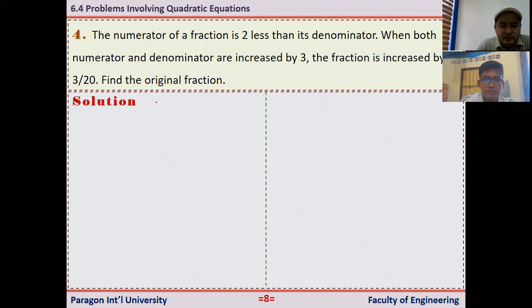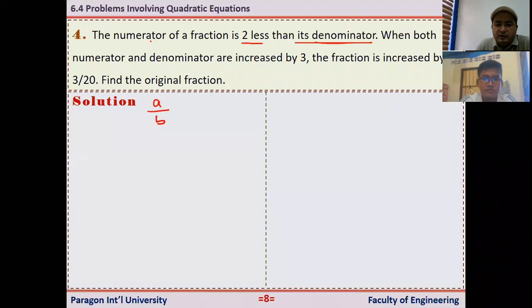We know that a fraction is something like this, right? An integer is divided by another integer. This a is called the numerator, b is called the denominator, and this line we call the fraction line. But in this question, it's saying that the numerator of a fraction is 2 less than the denominator.